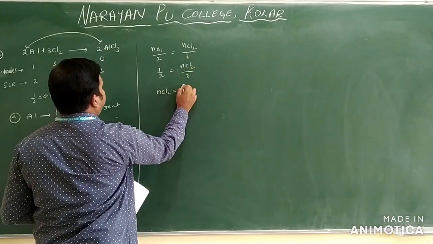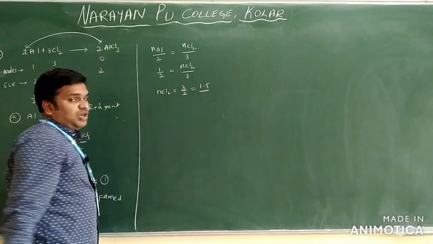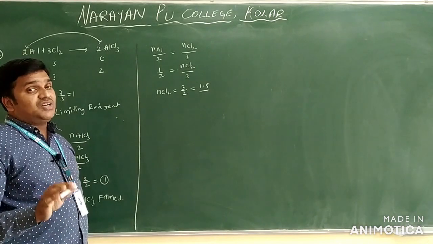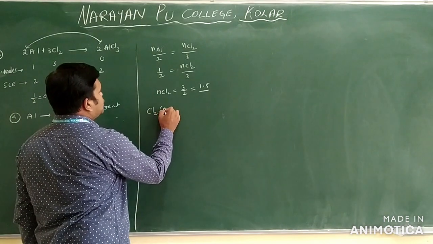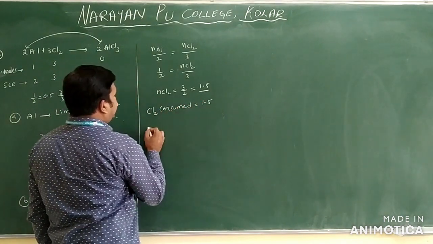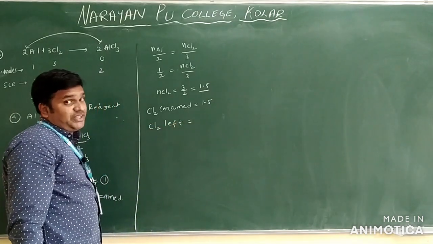Number of moles of Cl2 is equal to 3 by 2, that is 1.5. This means 1.5 moles of Cl2 is consumed. Cl2 consumed is equal to 1.5. Now we will write Cl2 left is equal to how much is left.